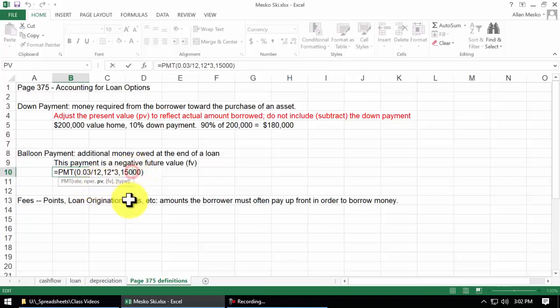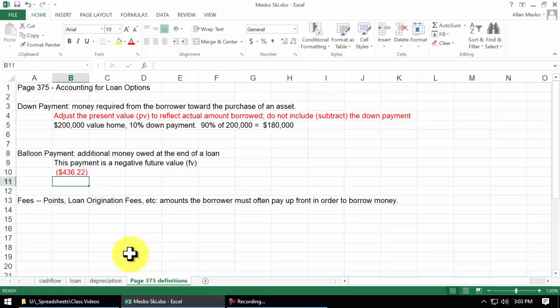And our present value, the amount we're borrowing, is $15,000. That monthly payment would turn out to be $436.22. However, if there were a balloon payment of $2,000 required at the end of a loan, what we do is we say that balloon payment becomes a negative future value.